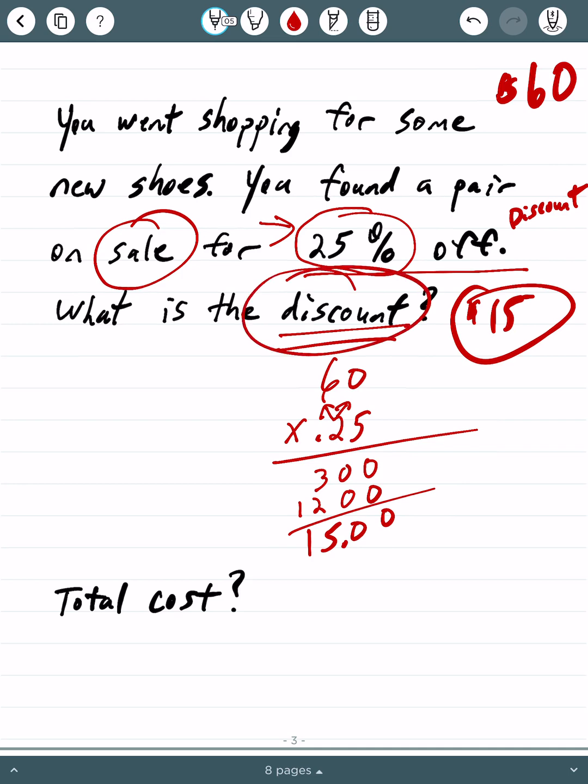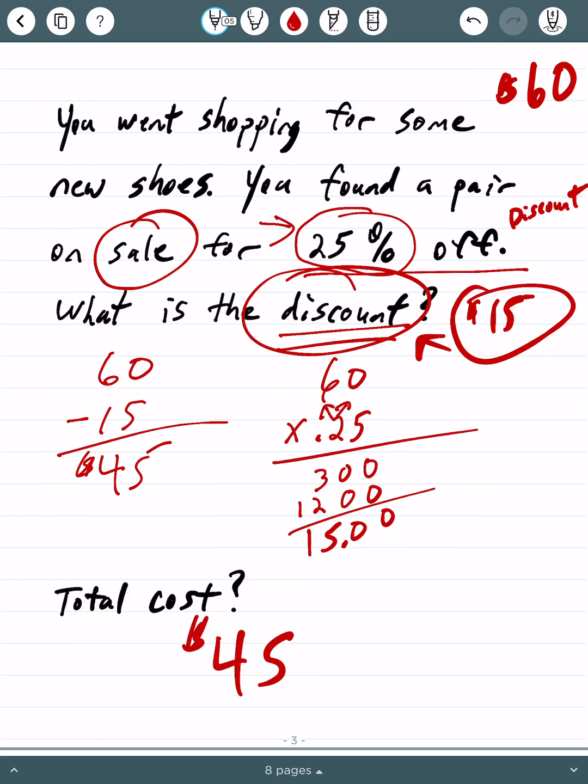You're saving money. The shoes were $60. The discount was $15. This time I have to subtract that, and I should get $45. So the total cost of the shoes is $45 if they're on sale for 25% off.